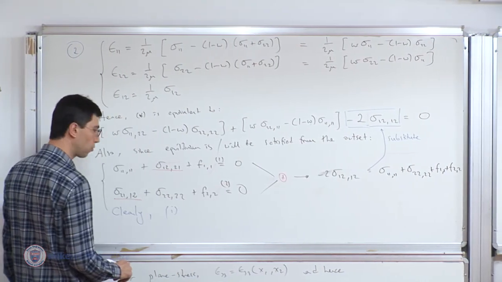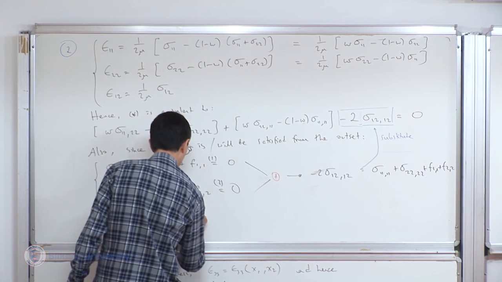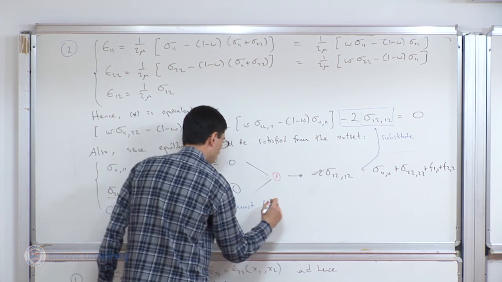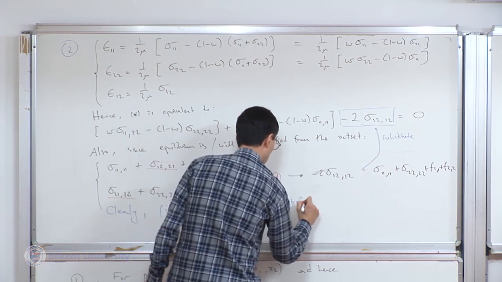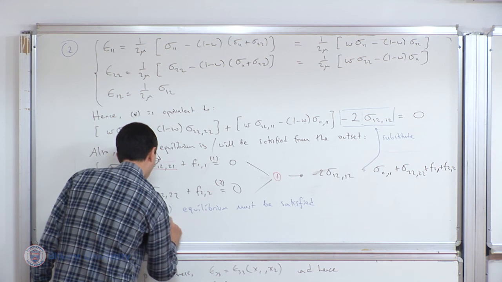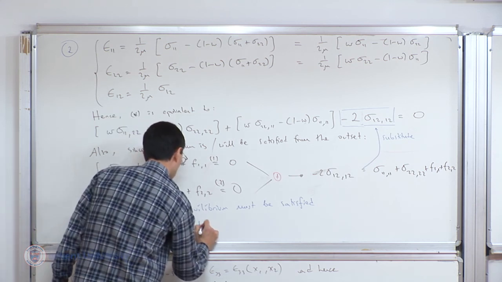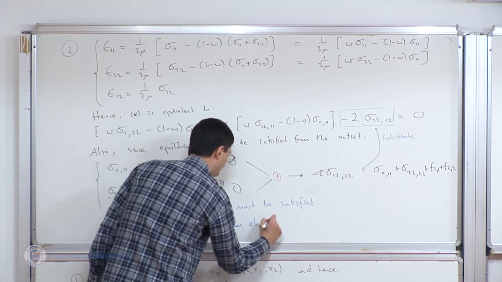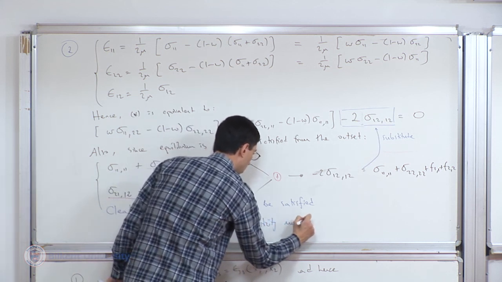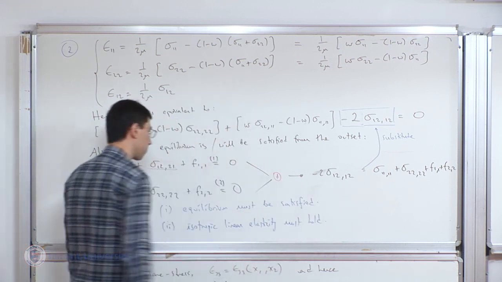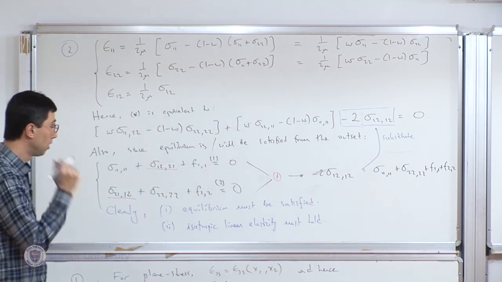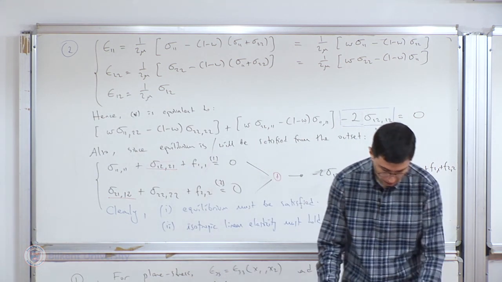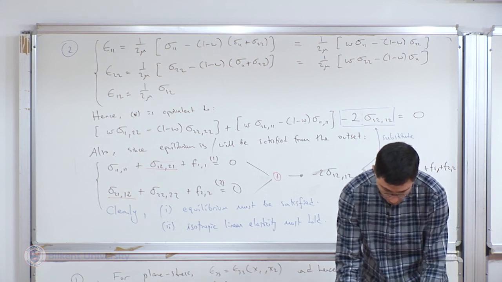So the things we need to highlight here is that equilibrium must be satisfied, and isotropic linear elasticity must hold. So the compatibility in terms of stress is a little bit more specific form.